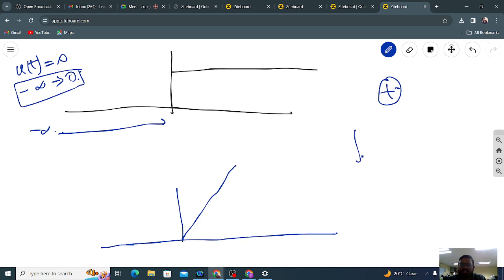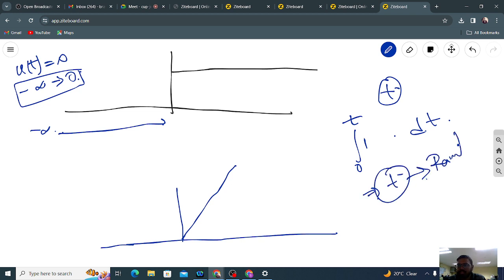So basically it is doing the integration of 1 dt from 0 to t. So this will be t. So t is a ramp function. At each value, the value of t will be the same on the y-axis.